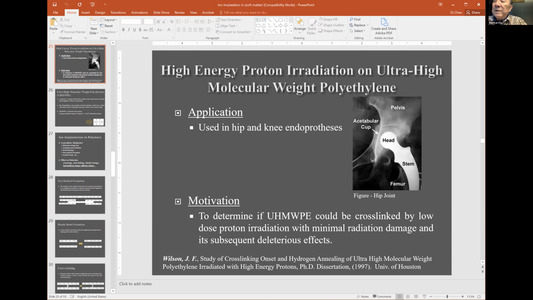So my friend doing the implantation, Mr. Jim Williams at the Oak Ridge National Lab, said, well, how about modification of the material? Suppose he uses high energy proton irradiation on this head, and therefore the head becomes much harder, much stronger, and much smoother. Therefore, it's not going to wear off easily.